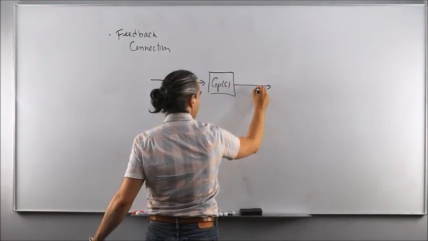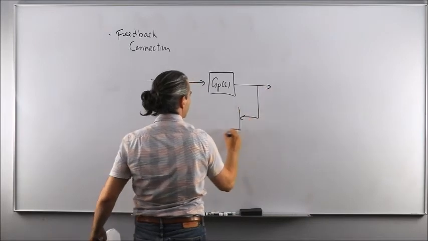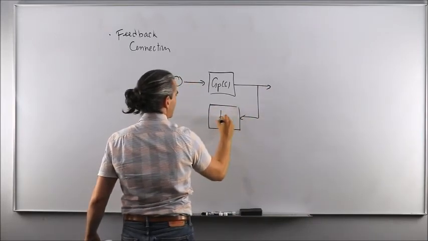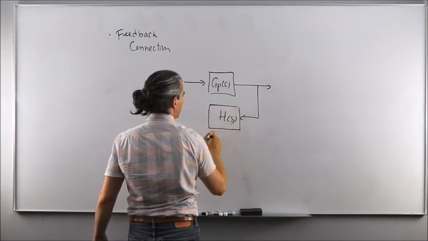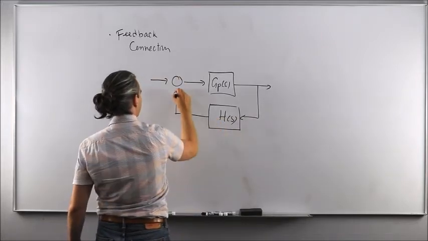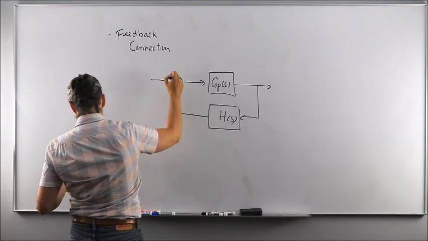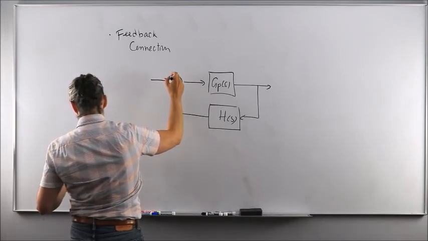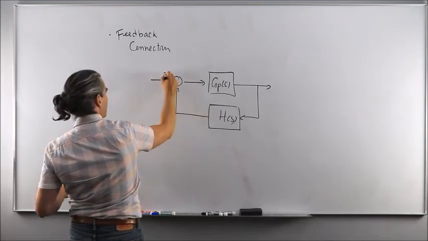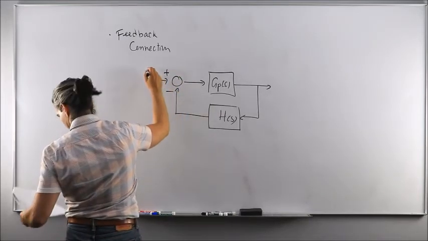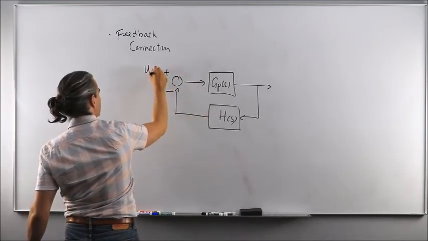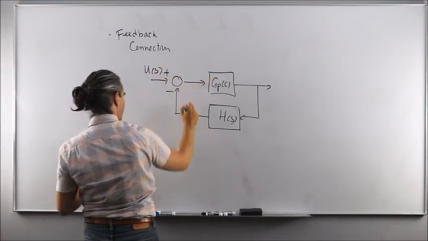And this is being fed back into another transfer function that we had denoted by H of S. This signal is being added like that, and that is denoted as U of S, the global input.